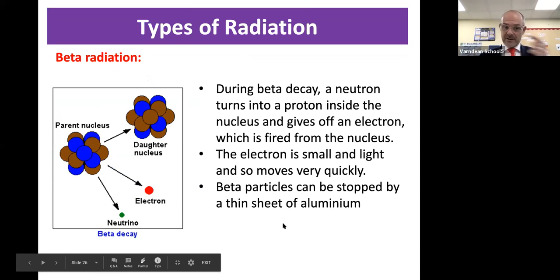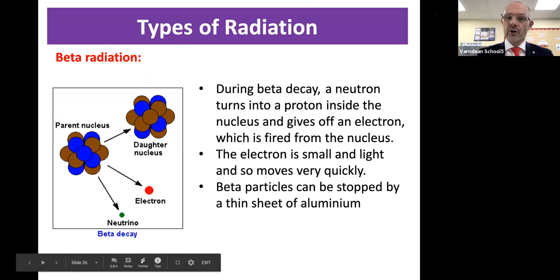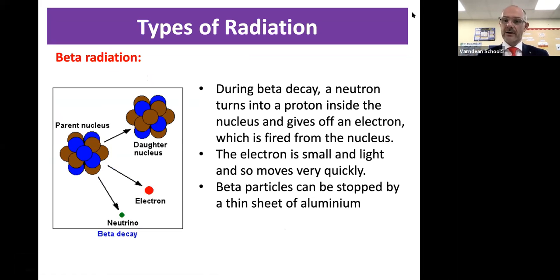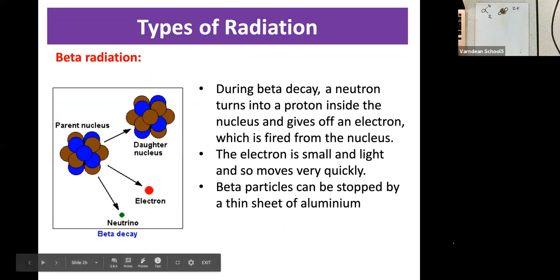Then we've got beta radiation. Now, beta radiation, okay, a neutron turns into a proton and gives off an electron. What you really need to know about it, again, I'm going to switch my camera around here like this, is being able to write it like so.